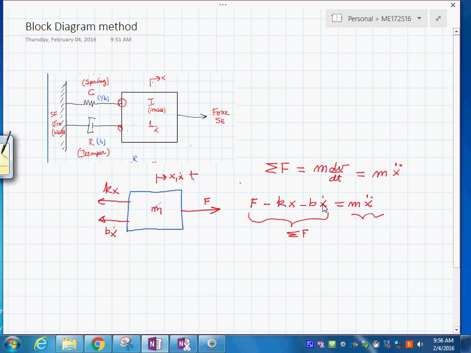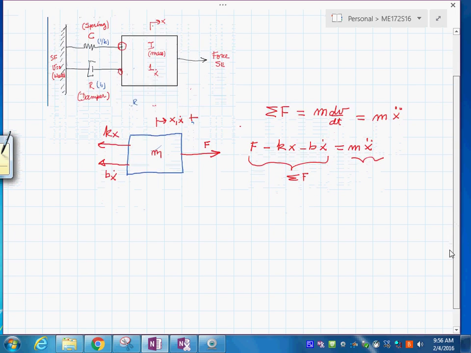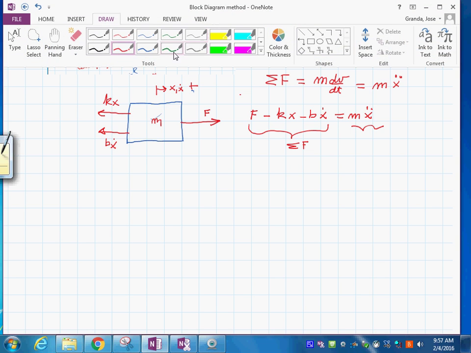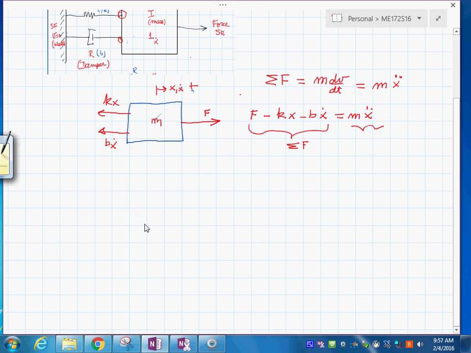Now what I would advise you is not to reorganize the differential equation, but rather to leave it like that, because for the purposes of the block diagram, having it in summation form is easier. So look at the summation point. We have this term, specified in a block like this.